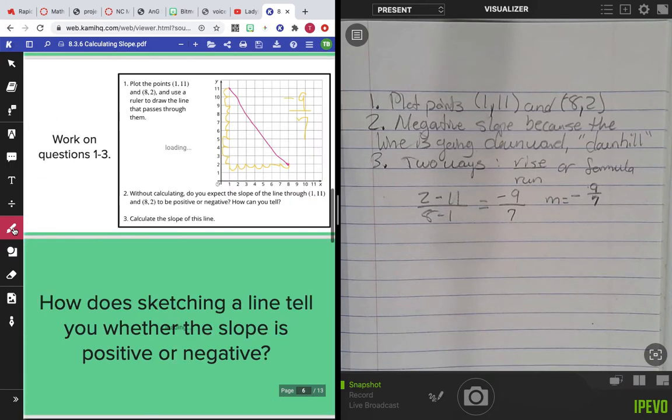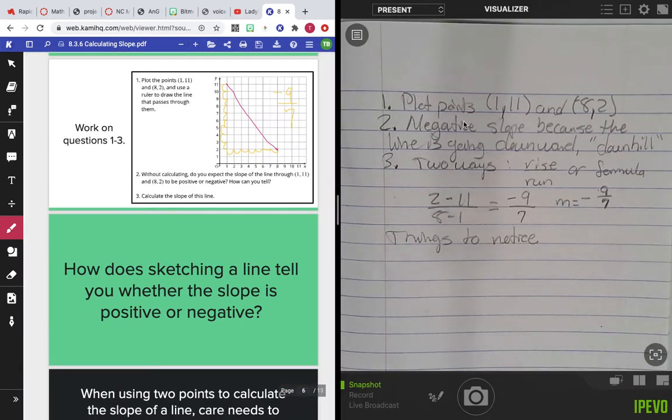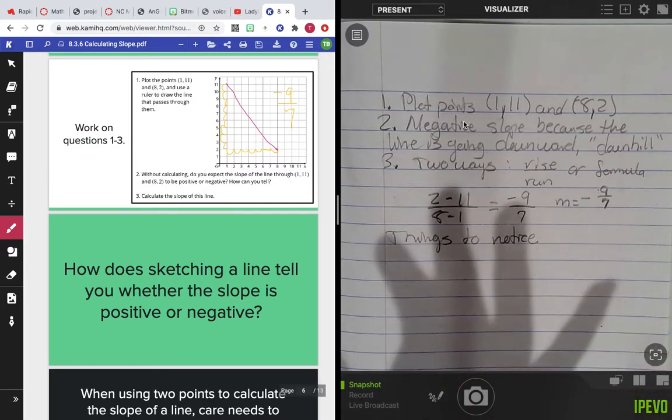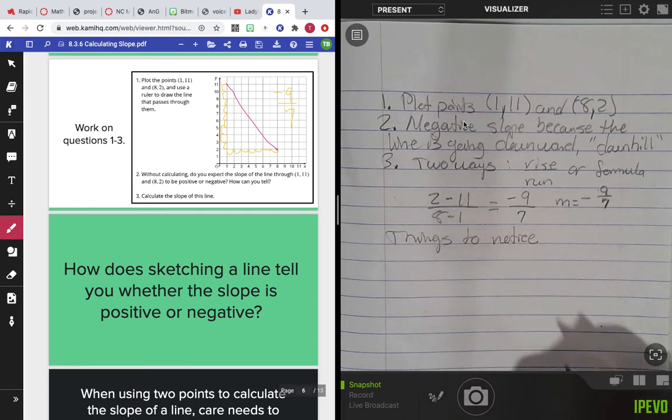So zooming back out, how does sketching a line tell you whether the slope is positive or negative? Well, there are some things you should notice when you are sketching the line. The direction is the main thing that tells you whether you have a positive or negative slope.